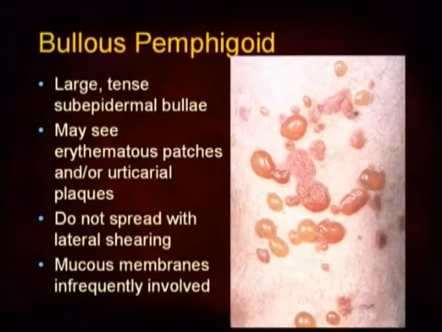These do not spread with lateral shearing, so if you put pressure right on top of one of these blisters, it would just rupture or nothing would happen, as opposed to spreading into the peripheral uninvolved skin, and we'll see that's in contrast to pemphigus vulgaris when we talk about that. Usually patients do not have mucous membrane involvement with bullous pemphigoid, and this is a disease usually of more mature adults, people who are 65 and older.